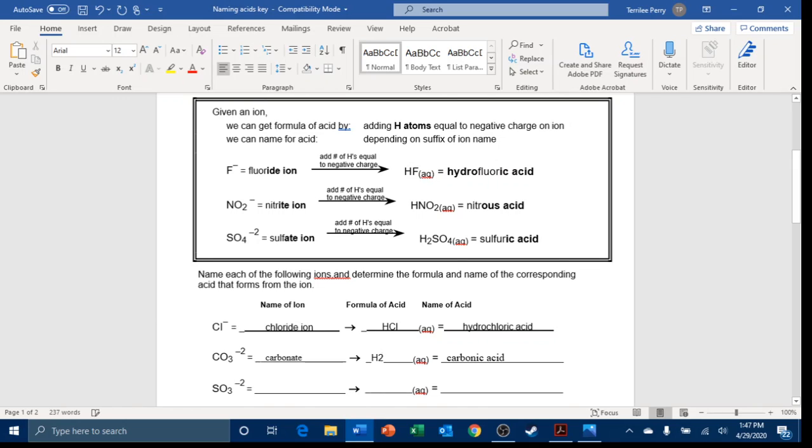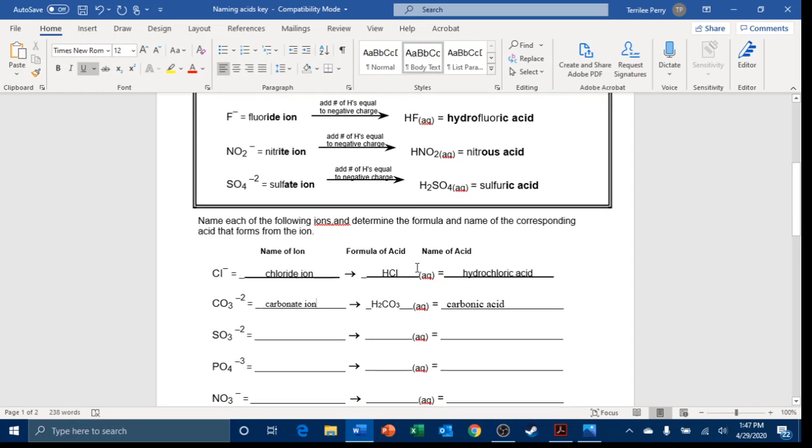Okay, so it's going to be H2CO3. Okay, and to help you look at that better, okay, so that's what that's going to end up being. So you know that this is a carbonate ion, and I didn't put ion, but there it is. And that's how you're going to find out what you're doing.